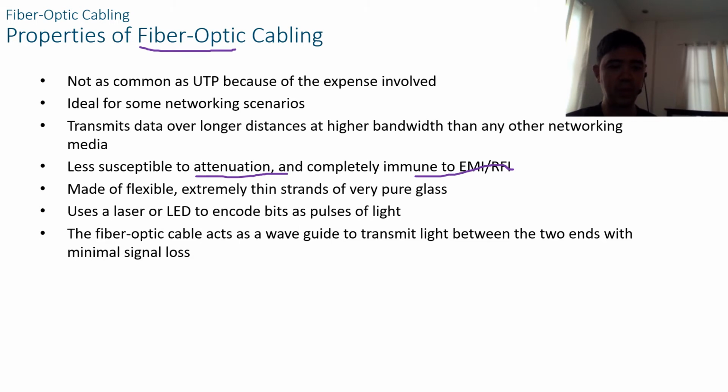A fiber optic can go to a range of a kilometer, up to 10 kilometers. So this is ideal for scenarios where there is long distance and a demand for higher bandwidth.